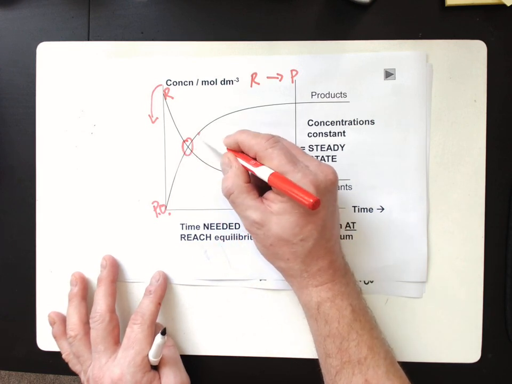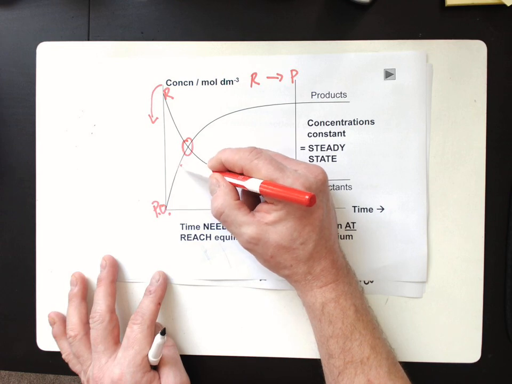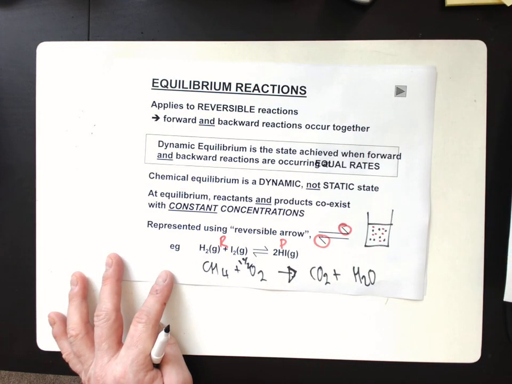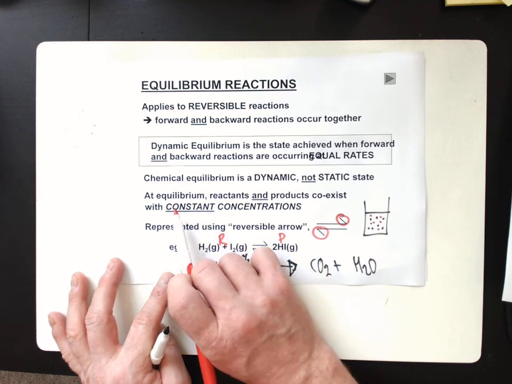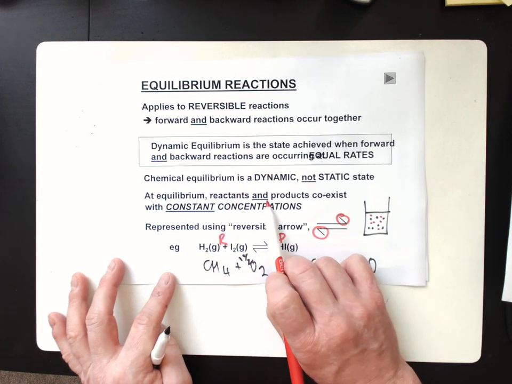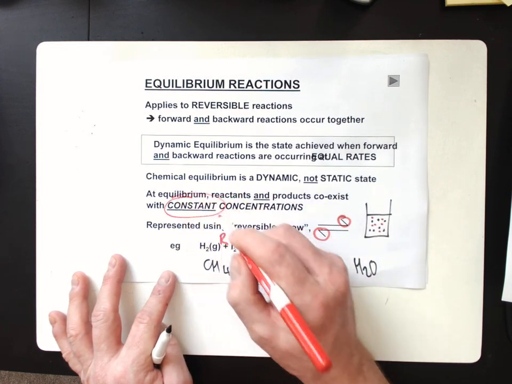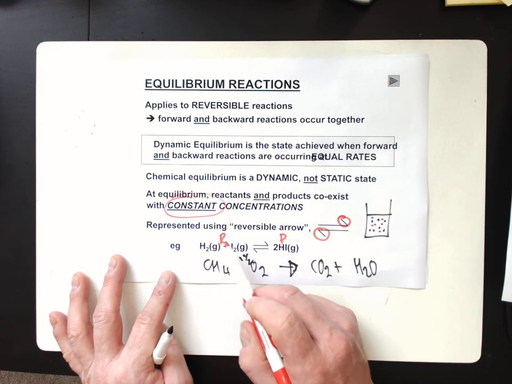At this point, the forward reaction is speeding up. If we go back to over here, we will see at equilibrium the reactants and the products coexist with constant concentration. So this is going back to what I said over here.